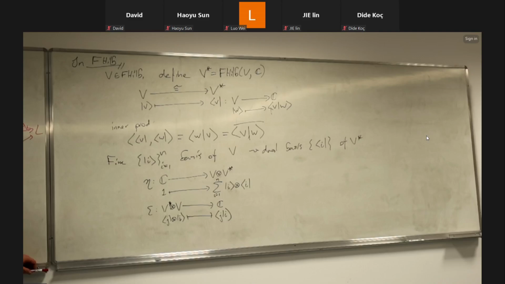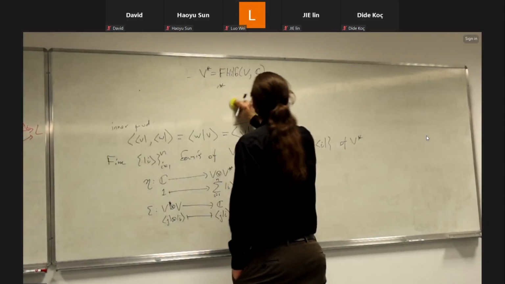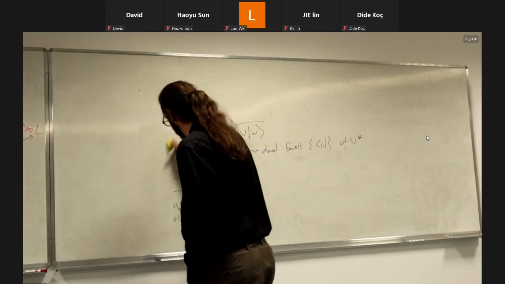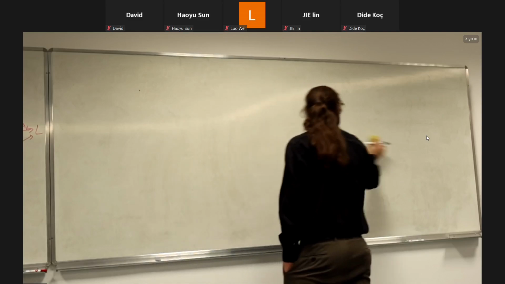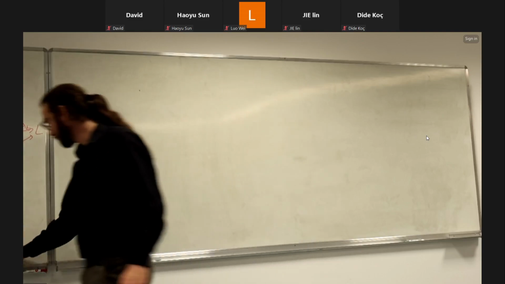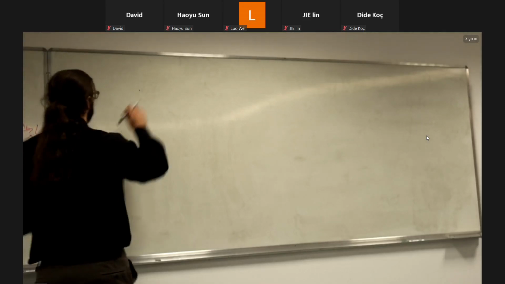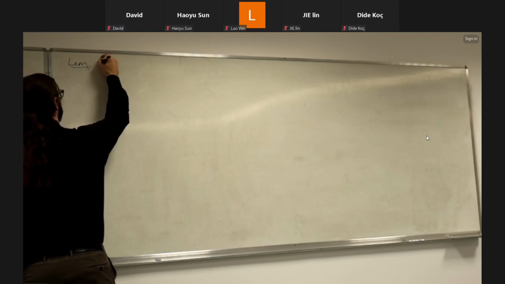Everybody happy with this? Okay, so now let's try to prove some things using Hilbert spaces. And I'm actually going to stay on this board because I want to keep the definition up. Or not Hilbert spaces, using string diagrams. So first, let's try the following lemma.